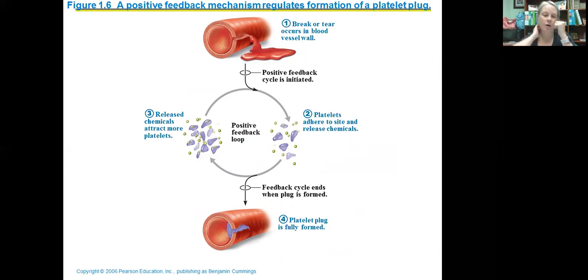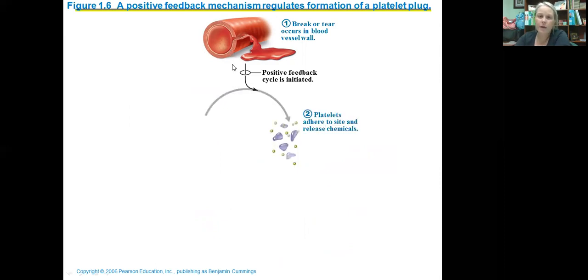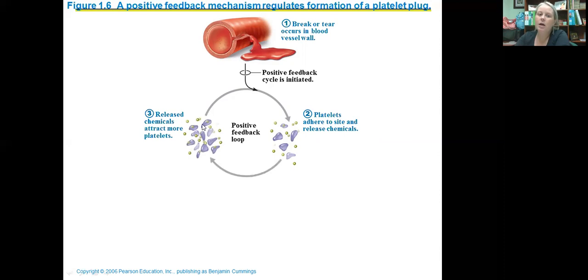One example was blood clotting, which is what you see in this picture. So you had a broken blood vessel. With your broken blood vessel, platelets are called into place. Platelets are what clot blood. And so what happens is when those platelets are called, they release chemicals that will help to contact more platelets, and those new platelets will release more chemicals.